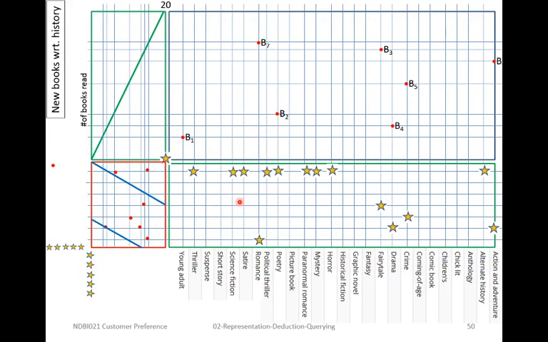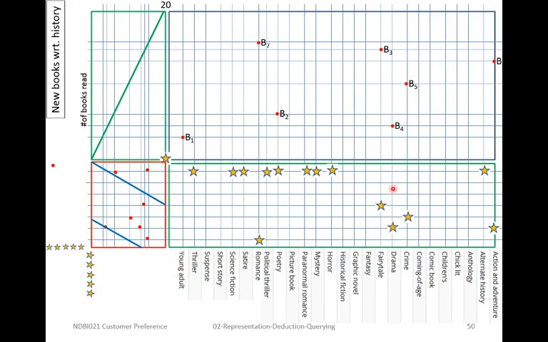And another depiction, for instance, here we can have a number of books which were read by this user, and here are again these categories, and here is the preference cube by these stars, and what we see is that the best object probably is this drama, because it has quite a high number of stars.